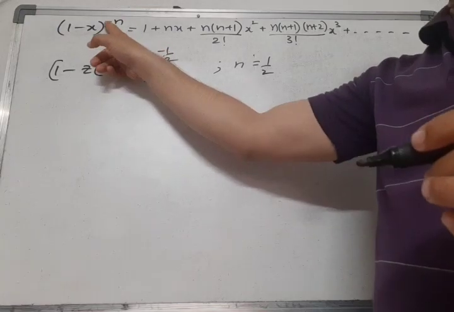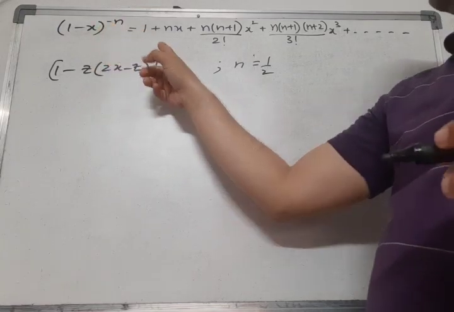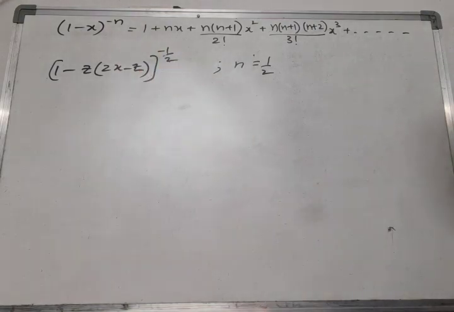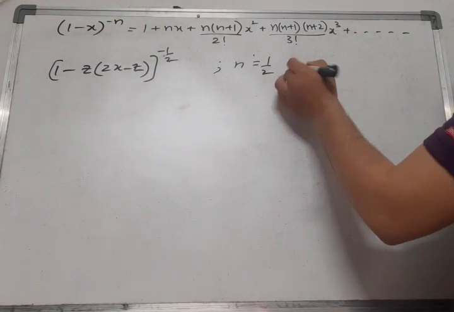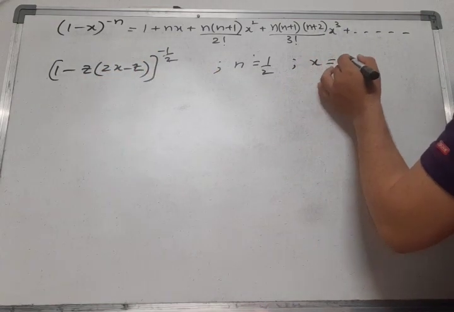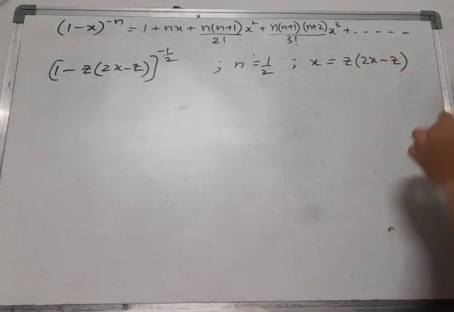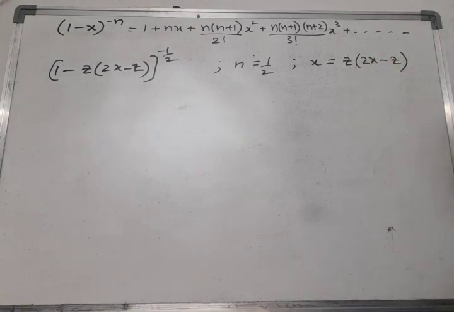Minus common, okay. So minus n is minus 1 by 2. Minus cancels, so n is equal to 1 by 2. Okay. Next, in the place of x what is there? In the place of x, z into (2x minus z) is there. This term is there. Okay.